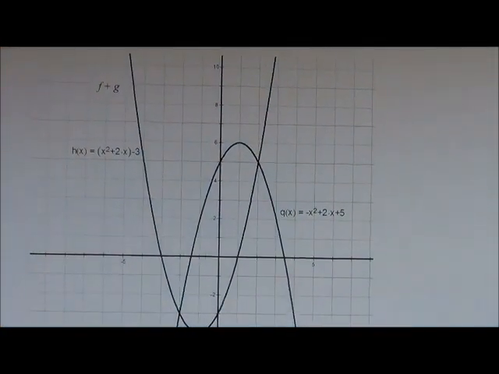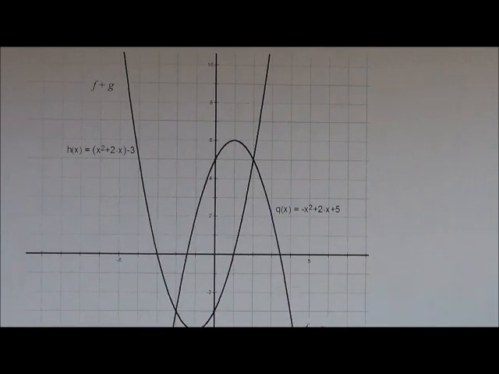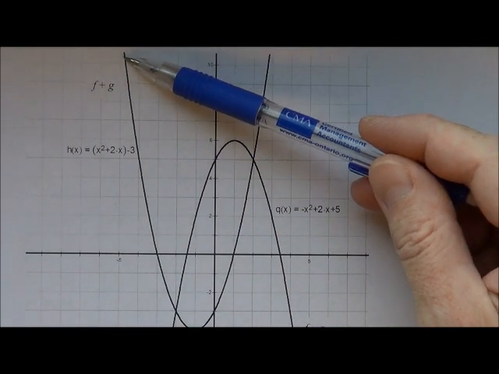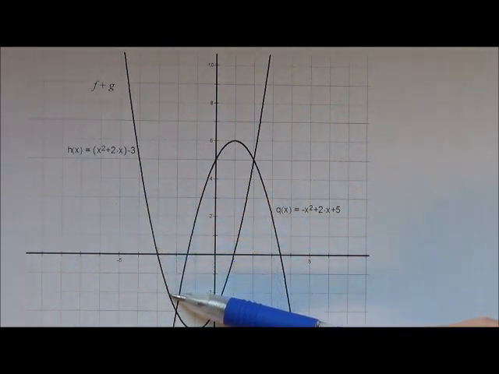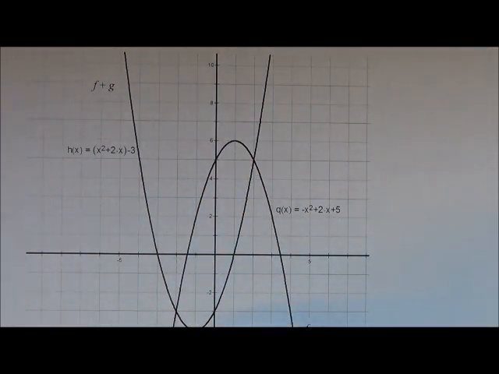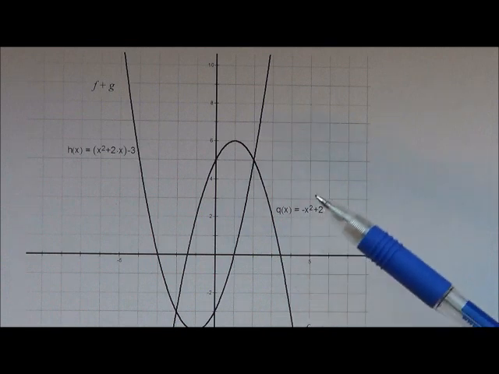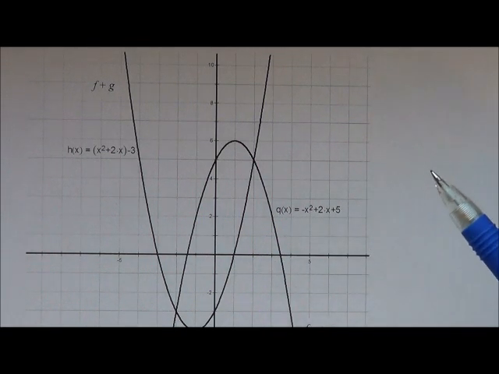Okay, so here's what f plus g of x and f minus g of x look like. f of x plus g of x is again a parabola, and notice that the whole parabola has been shifted over to the left one. That's from the influence of the line 2x plus 1.